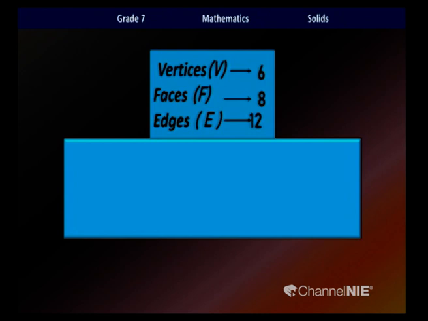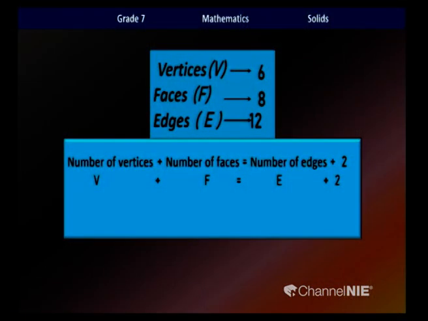Now we have to quickly move on to the second part of the question. That is, we have to check whether this solid fulfills the Euler's relationship or not. So let's check. Before checking that, we have to memorize what the Euler's relationship is.